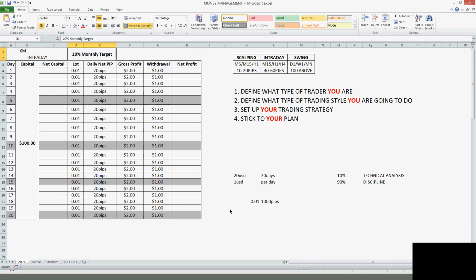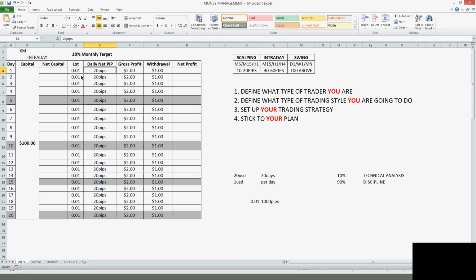So if you divide this into a much more achievable goal on a daily basis and on a weekly basis, then that's more achievable in terms of trying to reach your target. Okay, so let's just say that every day I want to trade 1 cent, and I'm going to aim for 20 pips. So 20 pips will give you about $2, for example.